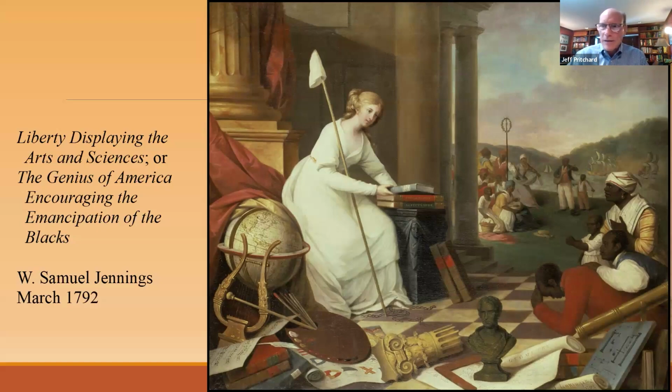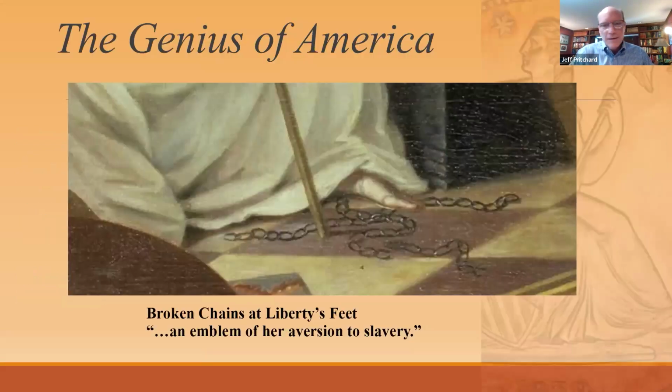Now, like any good allegorical painting, Jennings included a lot of hidden anti-slavery symbols. And these appear in the clutter of objects down at the bottom of the painting. I think in today's vernacular, we call these Easter eggs. But the first symbol, now these are the broken chains at Liberty's feet. And granted, the committee actually did specifically request these.